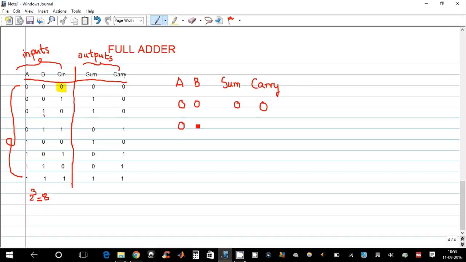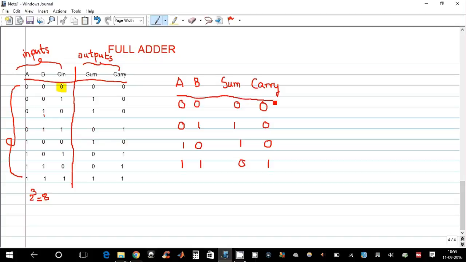For the inputs 0 and 1, the sum is 1 and carry is 0. For the inputs 1 and 0, the sum is 1 and carry is 0. For the inputs 1 and 1, the sum is 0 and the carry is 1. So this is the truth table for the half adder.